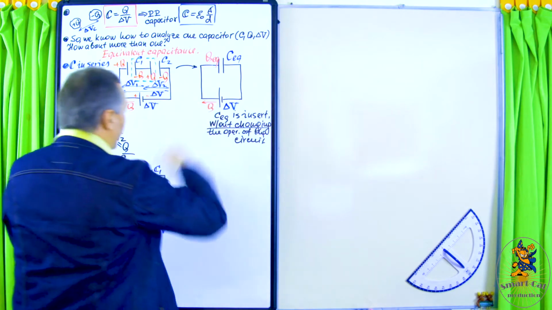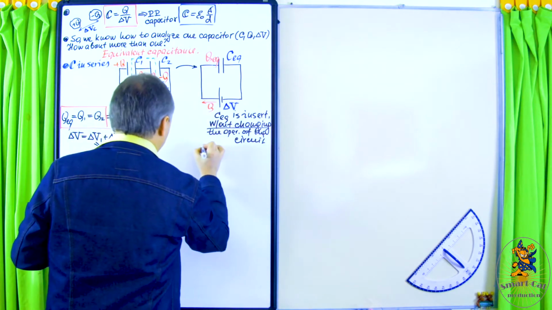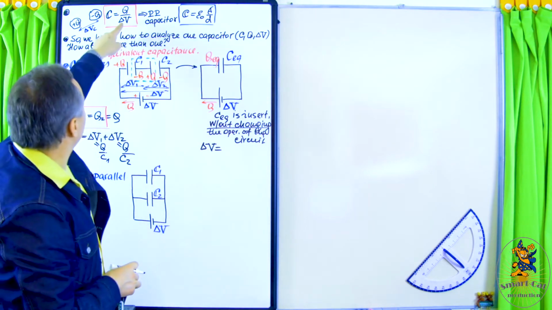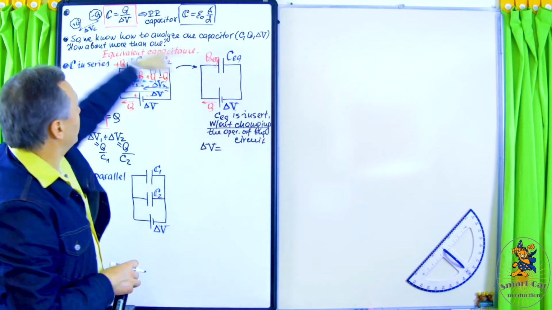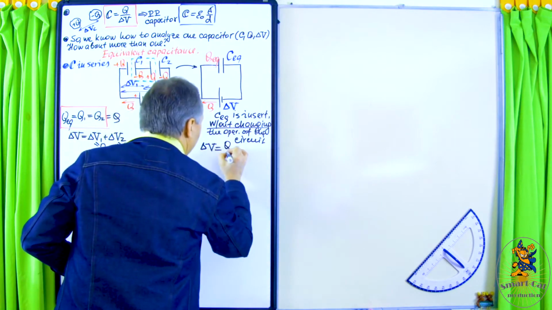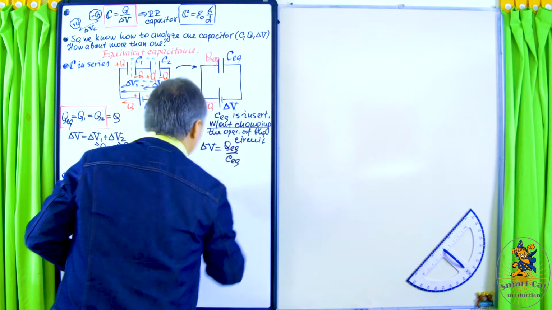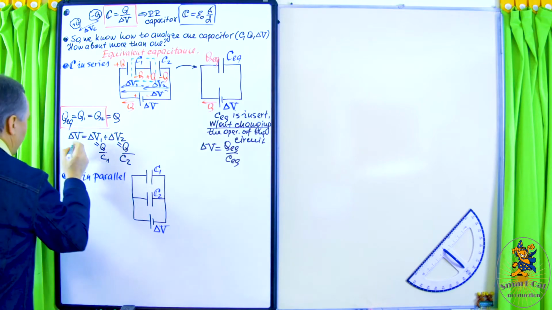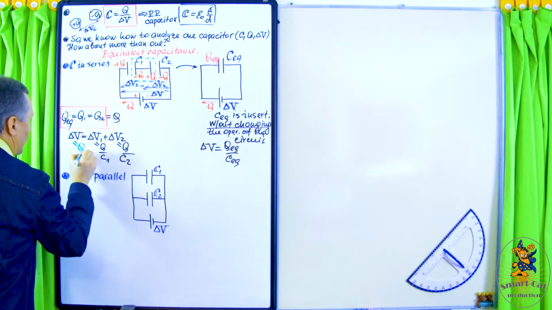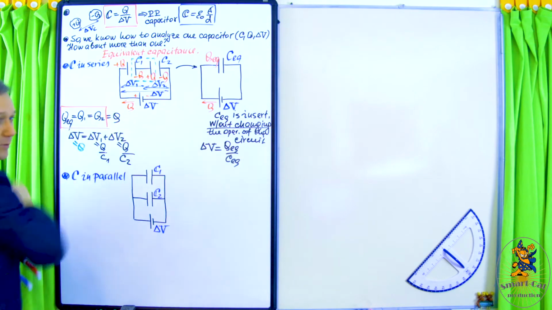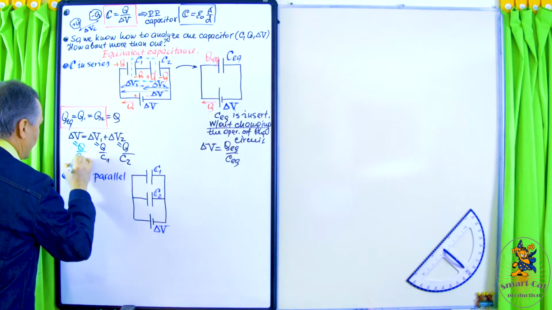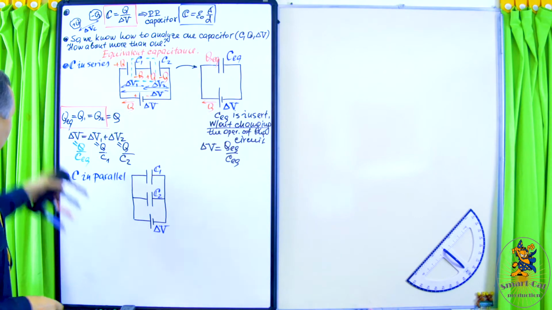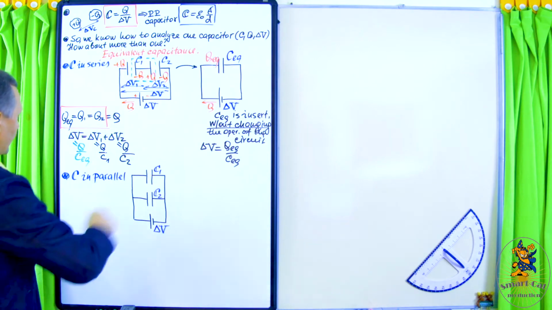Okay, so now over here I can write that this delta V equals what? It's just a single capacitor, so again it will be Q equivalent divided by C equivalent. And that's what I'm going to use over here, right? So as a result, I can write this as Q equivalent, but Q equivalent again equals Q divided by C equivalent. Okay, so now let me rewrite this equation to get the formula which we wanted.